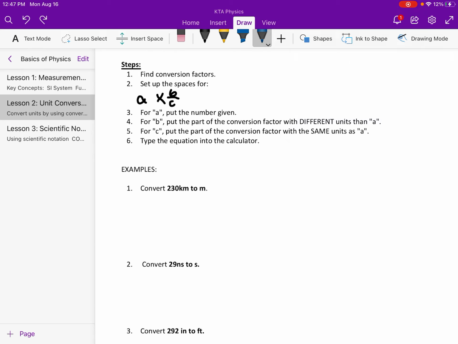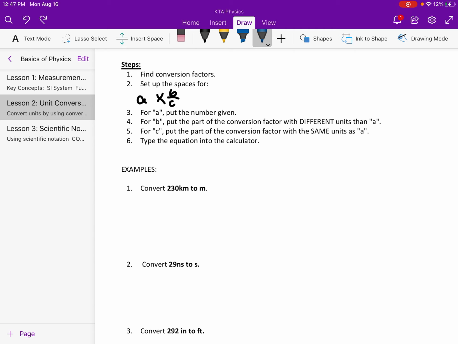Let me pull up the formula right here. You should be provided with a formula to know what to do. Since this is in the same system, kilometers to meters, the conversion factor we need to know is how many kilometers are in a meter.